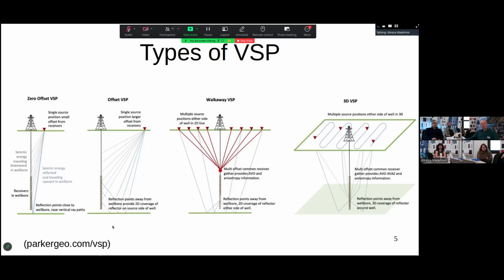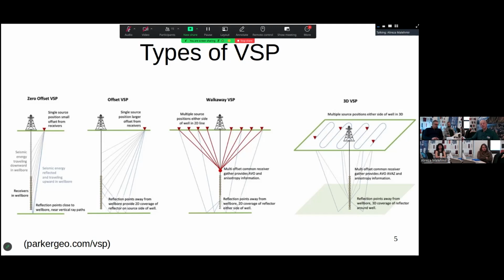So with the offset VSP, we're able to map this reflector away from the borehole, the geometry of it. If we go to walkaway VSP, we essentially have many offset source points, and we can get a more well-defined image of a reflector and better coverage than with a single offset point.